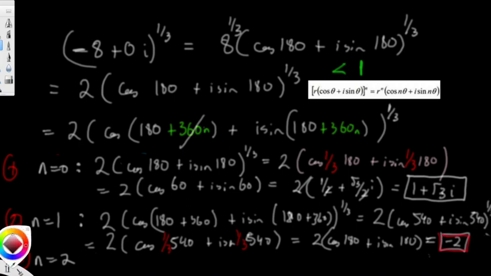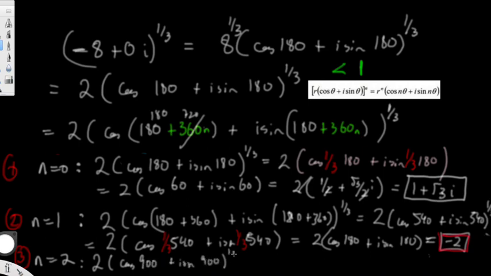And then the last piece is when n is equal to 2. So this time we have 2, and then cos 180, but this will be plus 720. So cos of 180 plus 720 will be 900, plus I sine 900, all to the power of 1/3.